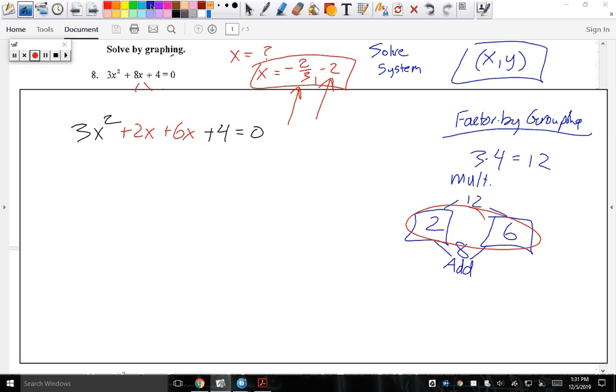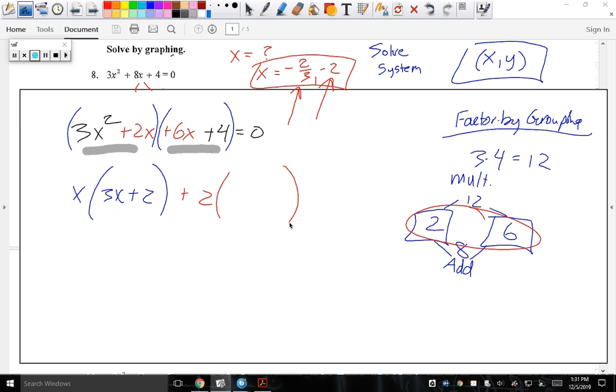That if I now GCF factor from this first thing here, what's the GCF that you see? X. What are the scraps that are left over? 3x plus 2. Good. Now from this second one here, what's the GCF that you see? 2. What are the scraps left over? 3x plus 2.